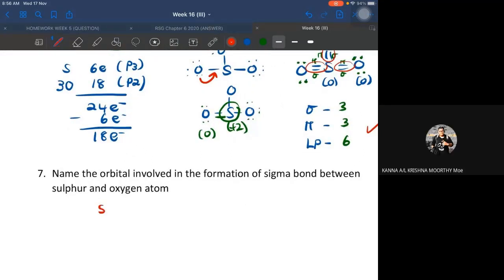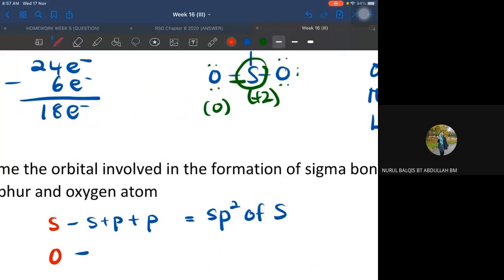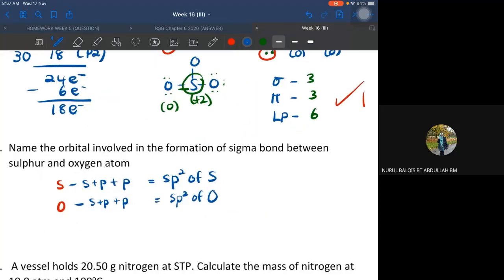Kalau S awak tengok, sekarang kita ada S tambah P tambah P, maksudnya dia adalah sp2 of S. Kalau awak tengok oksigen pula, apa keliling dia? Lone pair 1, 2, lepas tu kita ada bonding pair 3 kan? Sama tak macam tadi? Sama, dia dapat sp2 of O. So, sigma bond is formed between sp2 of S and also sp2 of O. So, sini satu markah.